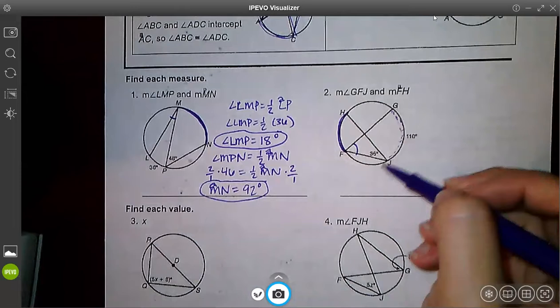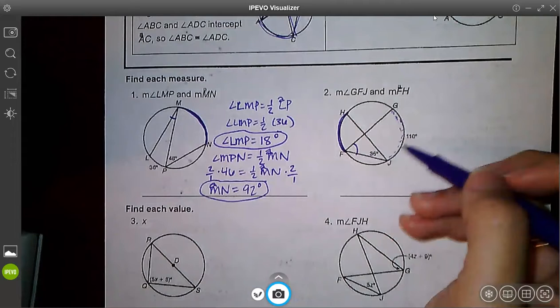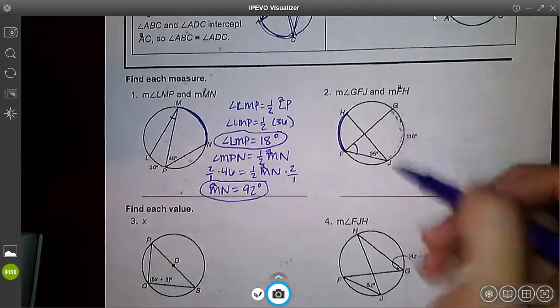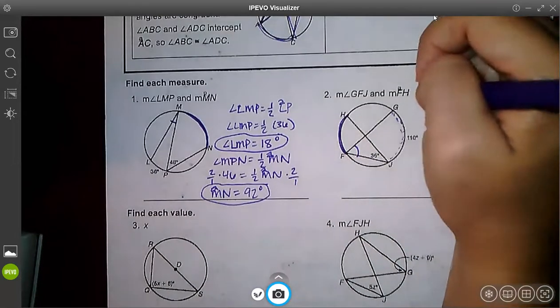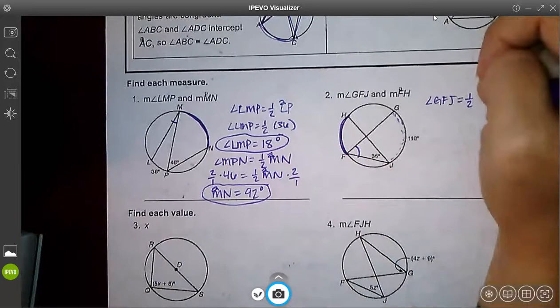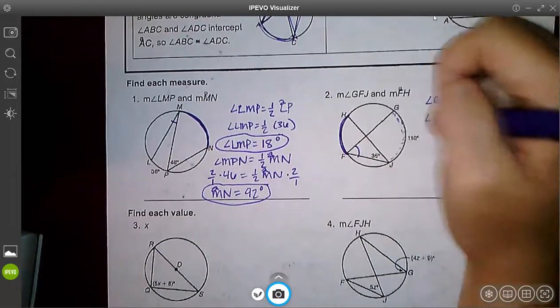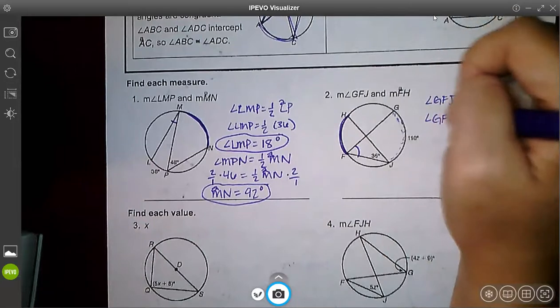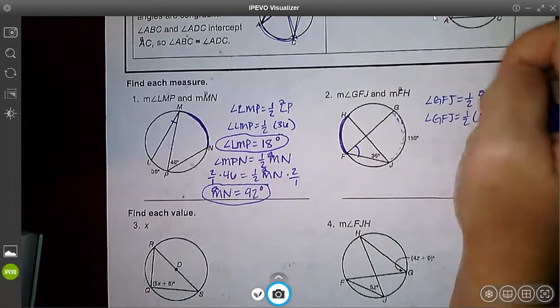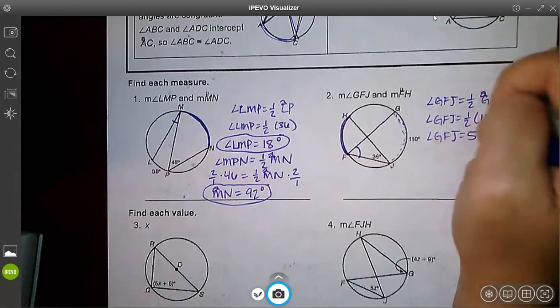So GJ is the arc with the angle GFJ. So GFJ is going to be half the measure of this arc. So angle GFJ is half of arc GJ. Arc GJ, it tells you, is 110. So angle GFJ is going to be 55 degrees.